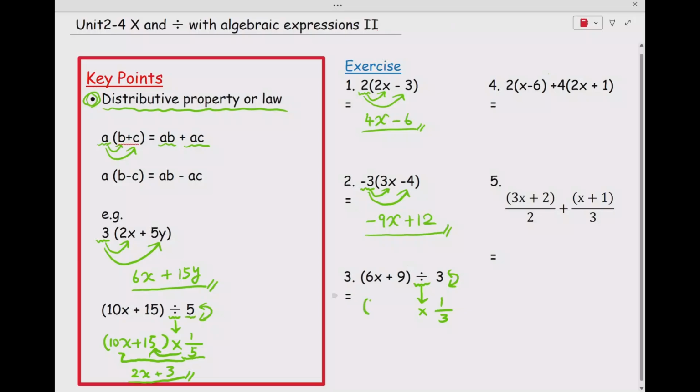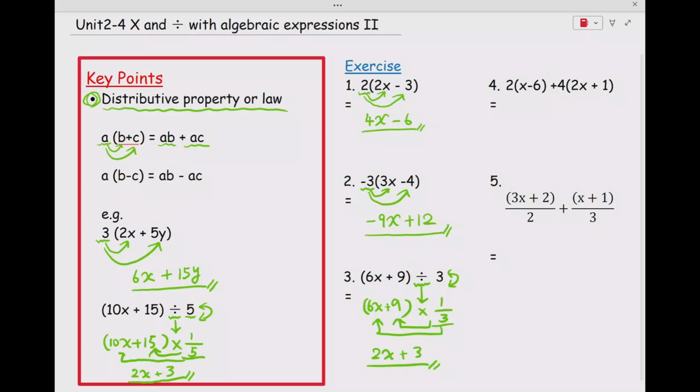So the original expression becomes (6x + 9) times 1/3. And then let's use the distributive law here. So, first multiply 1/3 onto 6x, which is 2x. And now, you multiply 1/3 onto 9, and you get plus 3. So the answer would be 2x plus 3.